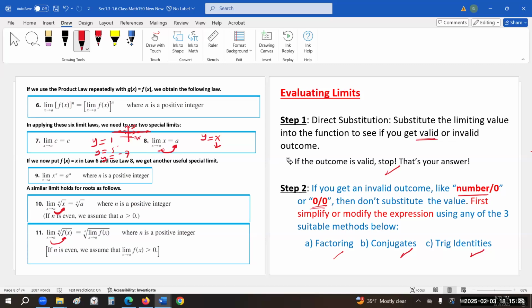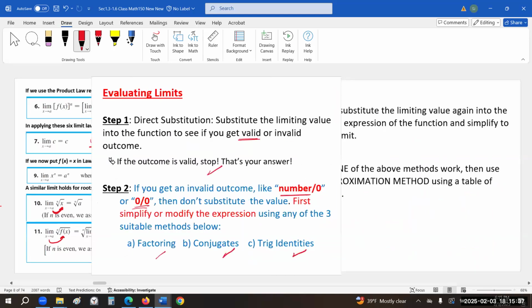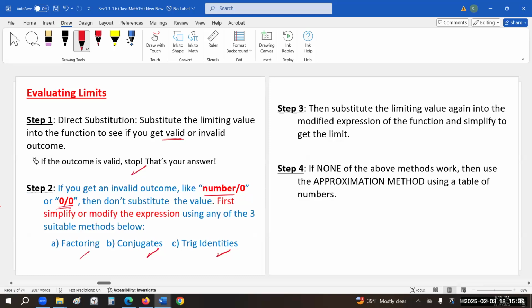So depending on whatever function you have, you use whatever tricks are applicable, modify the function, and then re-substitute your limiting value into the new function. And then whatever you have, that's your answer. But if you face a situation where you cannot apply any of these, then all you can do is approximate with a bunch of numbers. Keep substituting a number that is closer to the limiting value into the function and observe your y values.